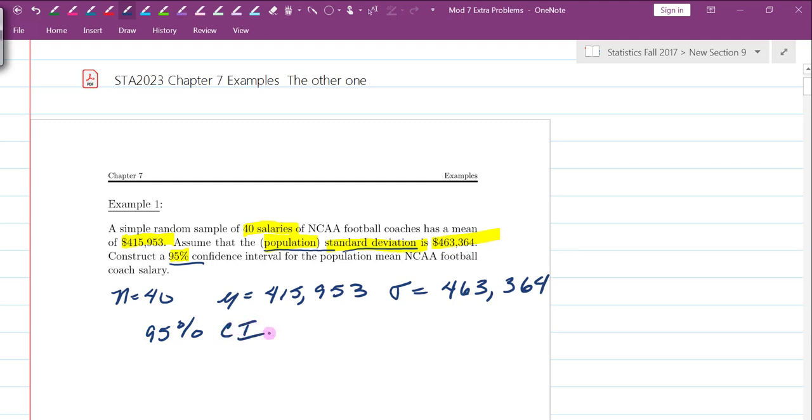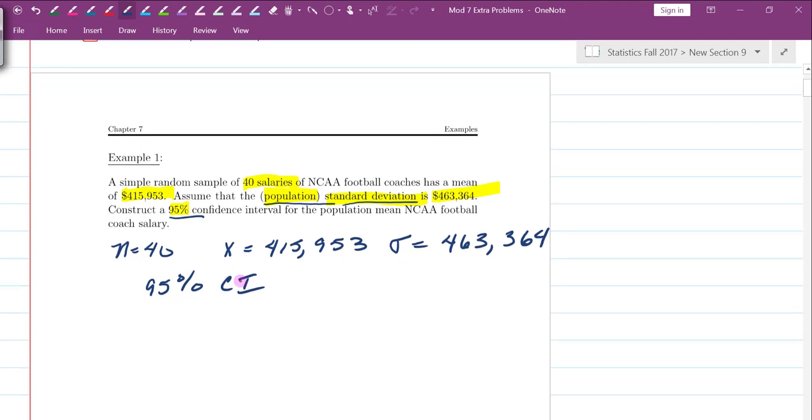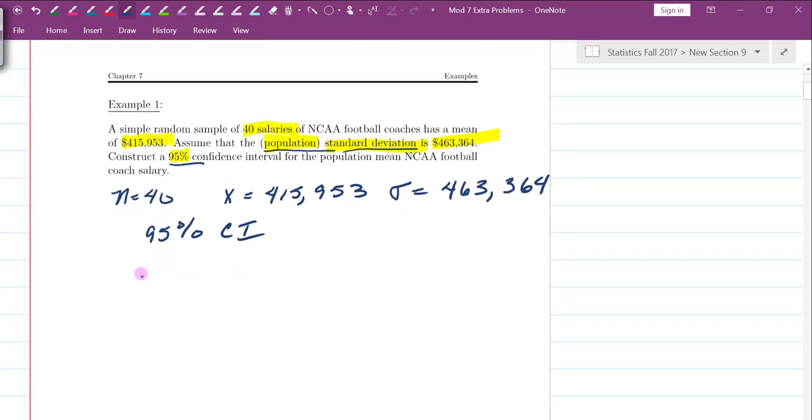Okay, because we were given, and actually this symbol right here, assume that the population is out of 40, so that should be an X bar. So let me change that real quick to X bar. There we go. So our formula is like this. It says X bar plus or minus Z sub C multiplied by sigma divided by the square root of n.